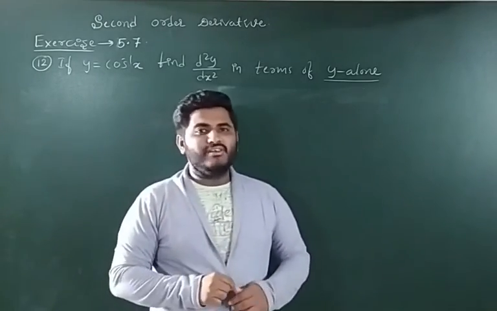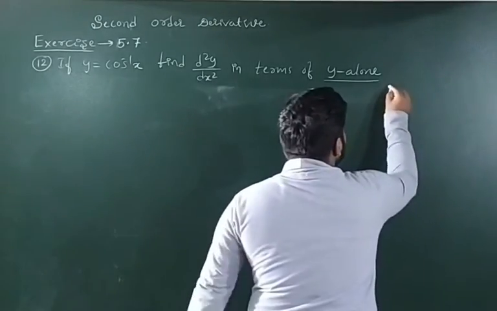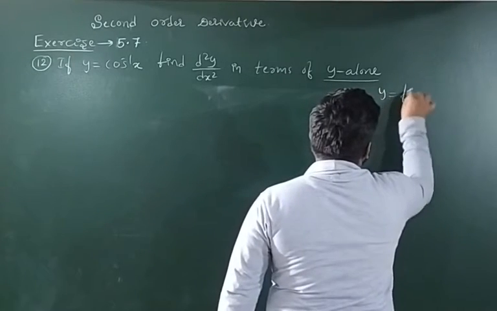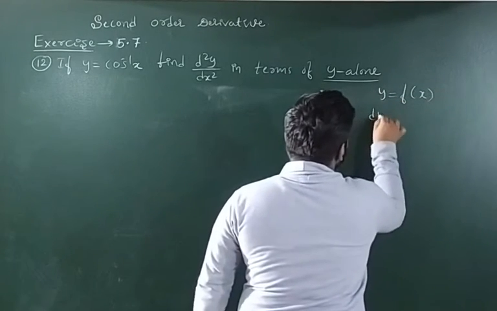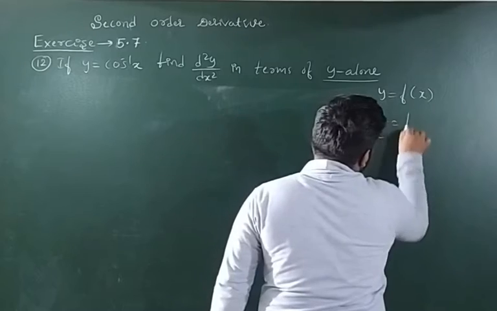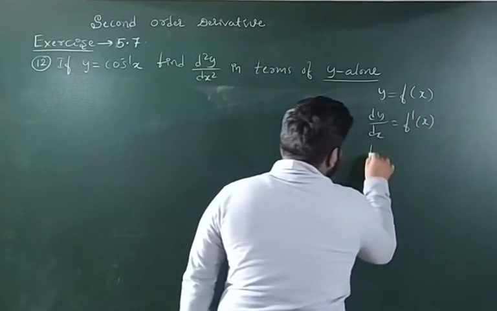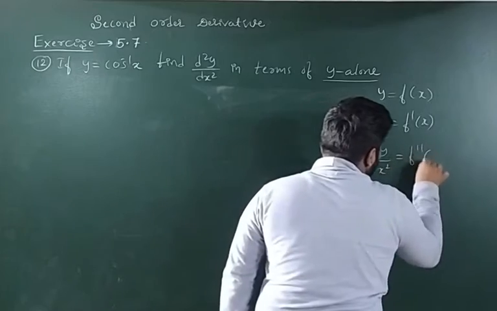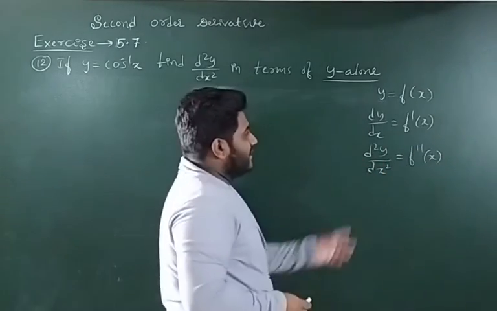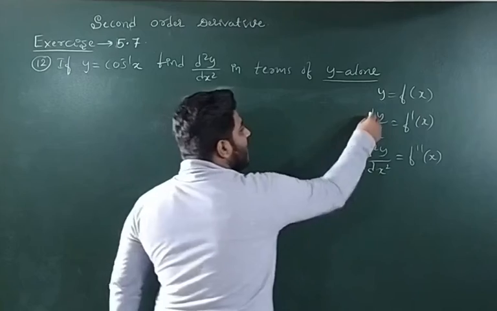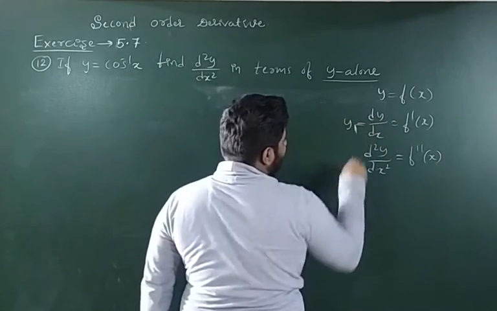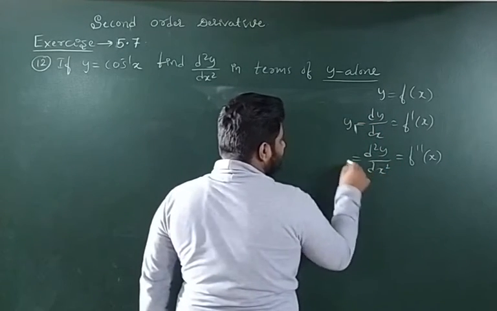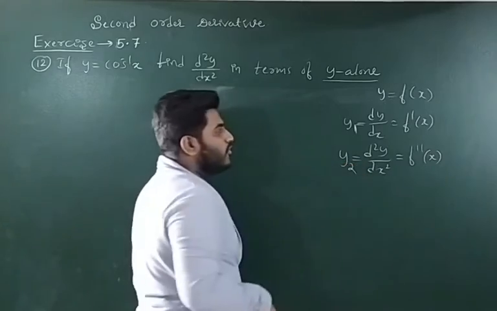Before going to that, you must know, if you are given y equal to f of x as a function, dy by dx is nothing but f dash of x, and d square y by dx square, the second order derivative, is nothing but f double dash of x. This dy by dx can also be written as y1 and d square y by dx square, the second order derivative, can also be written as y2.